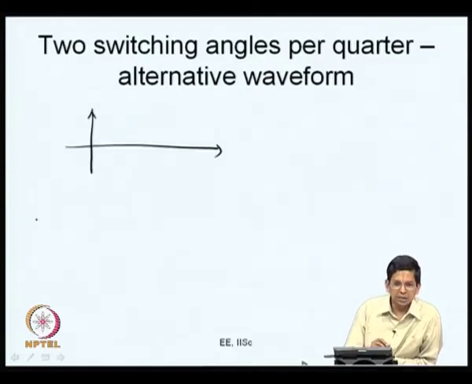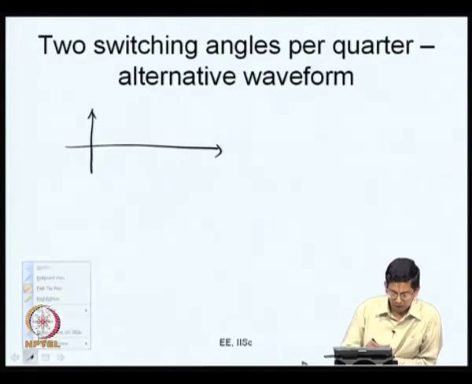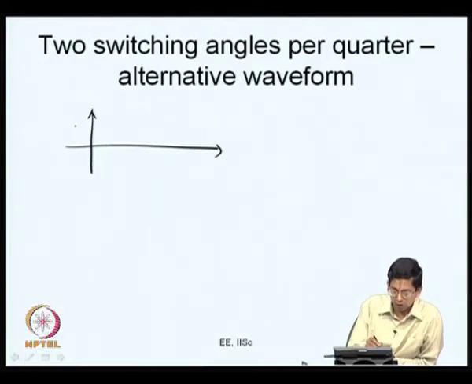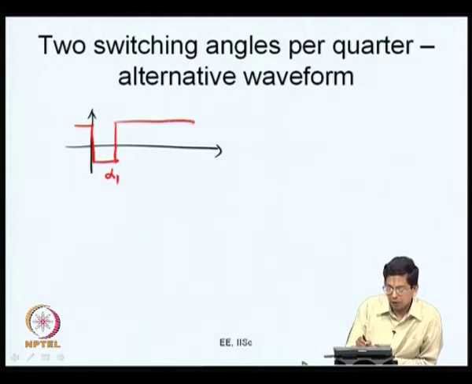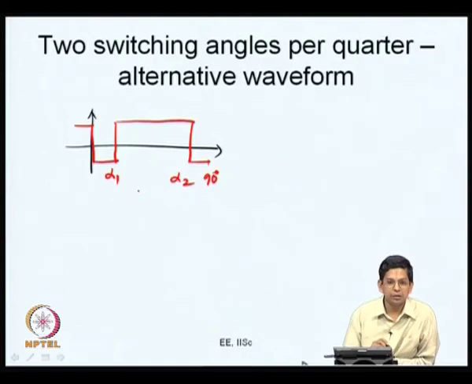In the waveform that we considered last time, at 0 it was switching from low to high. Here in the alternative waveform, you can have it switch from high to low. You can switch like this, and this can be your alpha 1 and you can have your alpha 2 here, and this can be your 90 degrees. This is an alternative waveform from what we have earlier considered.